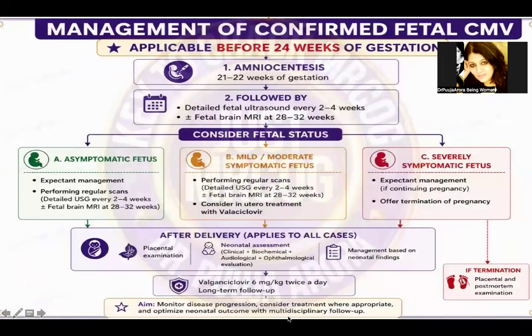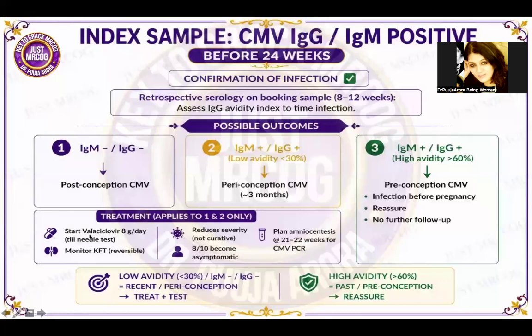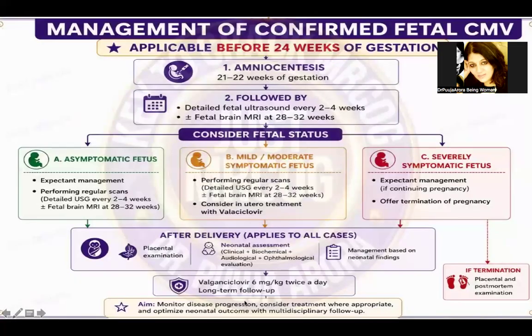Valaciclovir. Here what we offer? Valganciclovir. So remember that. This is acyclovir. This is valaciclovir. Here it is valganciclovir. There's difference between two. Remember this. And here what is the dose? 6 mg per kg twice a day.